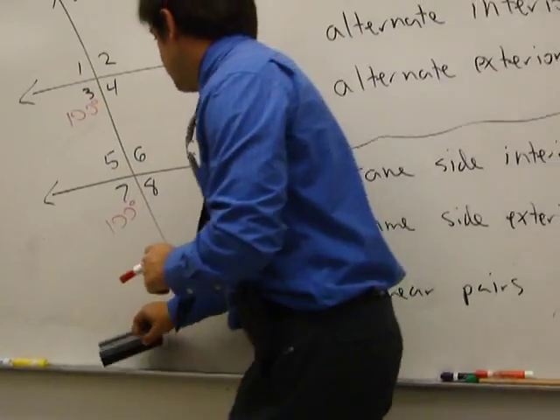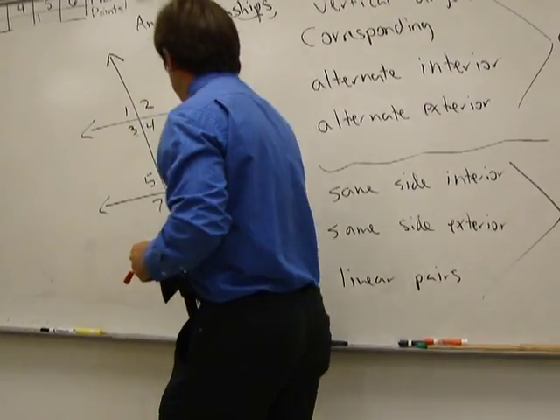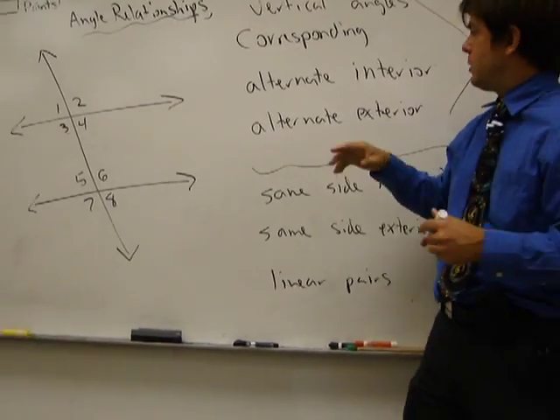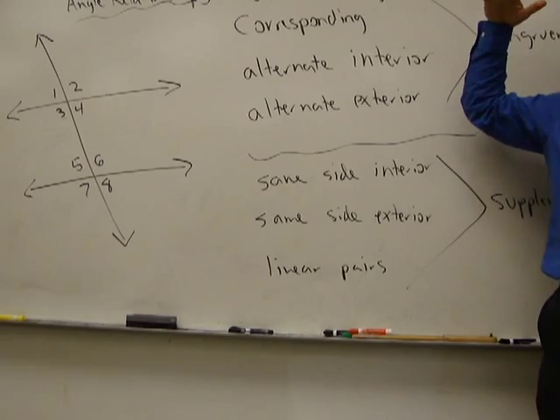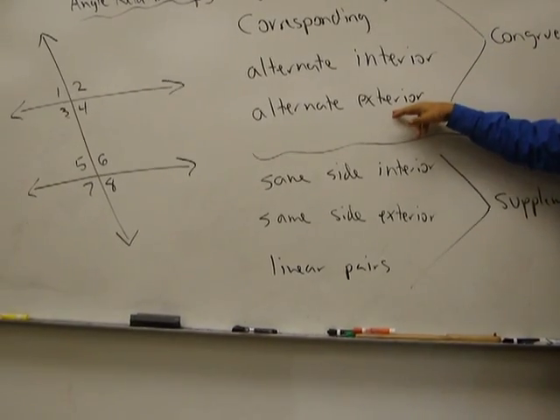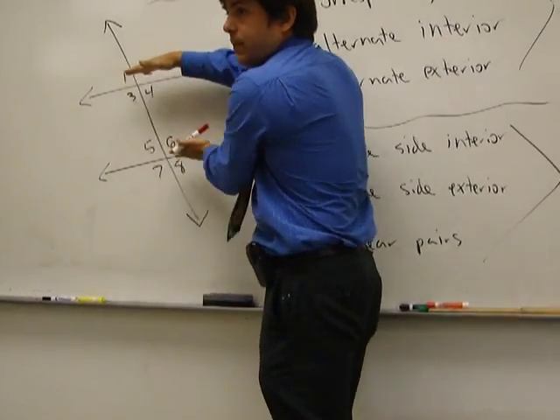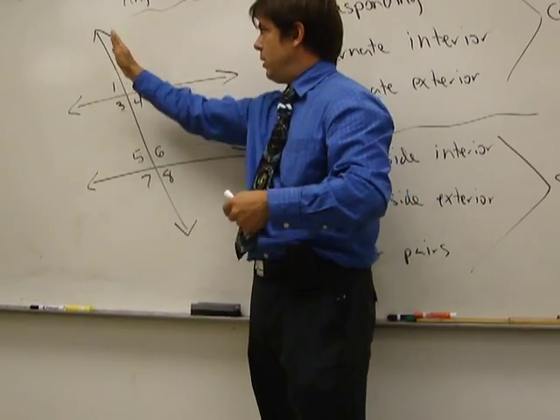There are other relationships formed by parallel lines. For instance, alternate interior. So actually look at this word, interior and exterior. What does interior sound like? Inside. And exterior sounds like outside. So the interior angles are the ones that are between the parallel lines. And alternate means on the opposite side of this line.